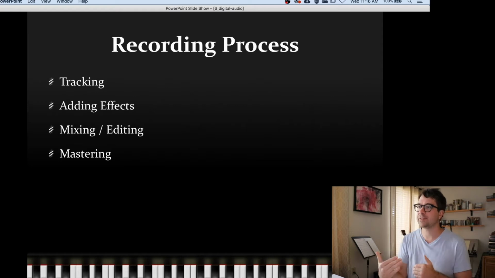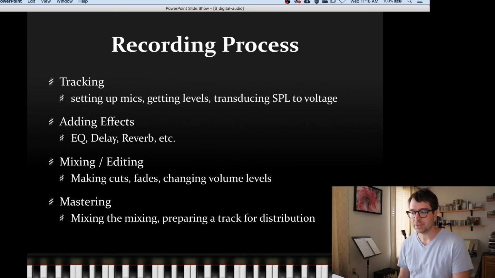Then we add effects onto that, we mix and we edit those together, and then we master recordings to be distributed. So here's the basic explanation of that. Adding effects like EQ, delay, mixing and editing, so that's splicing together different takes into one unified take.